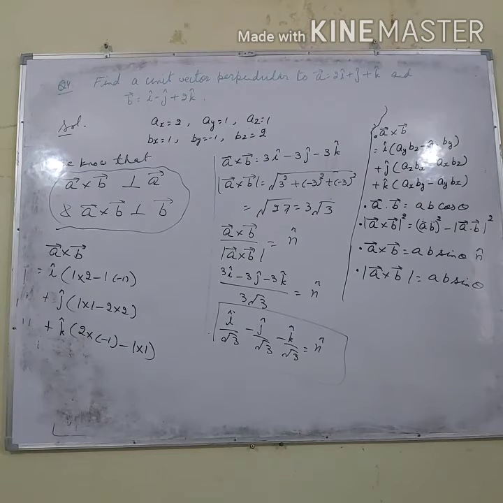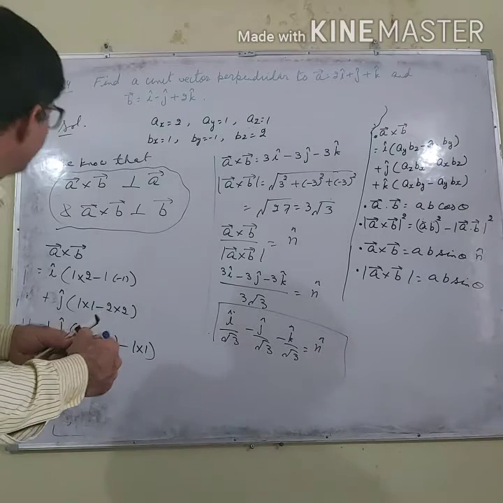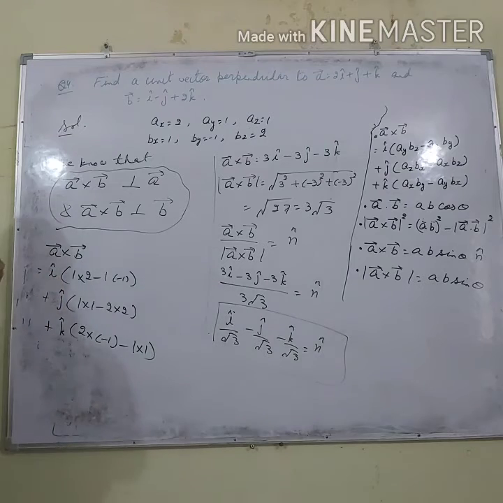Now, if I modify this question, what am I going to modify? Let us say question number 5. I am modifying in this question number 5. Let me modify in the reading.